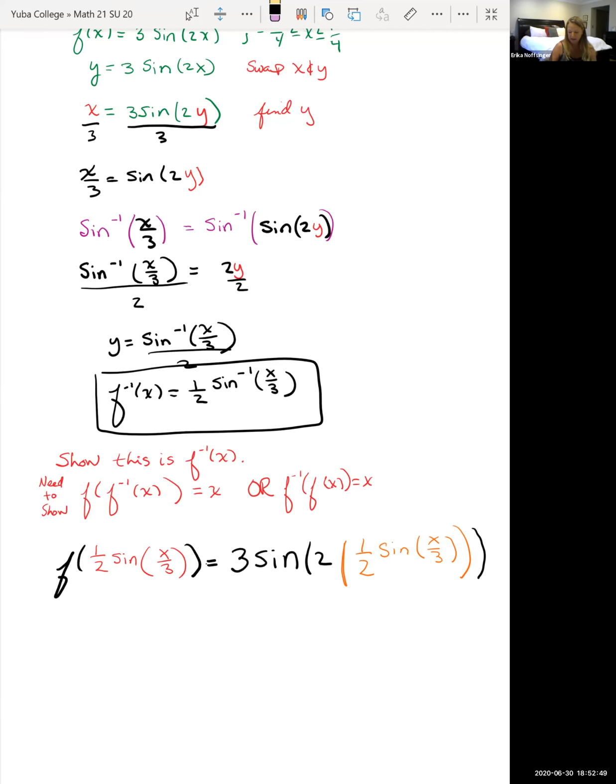Notice here that the 2 inside my argument, this 2 times the 1/2, those 2's cancel. So we're left with 3 sine of sine inverse of x over 3.